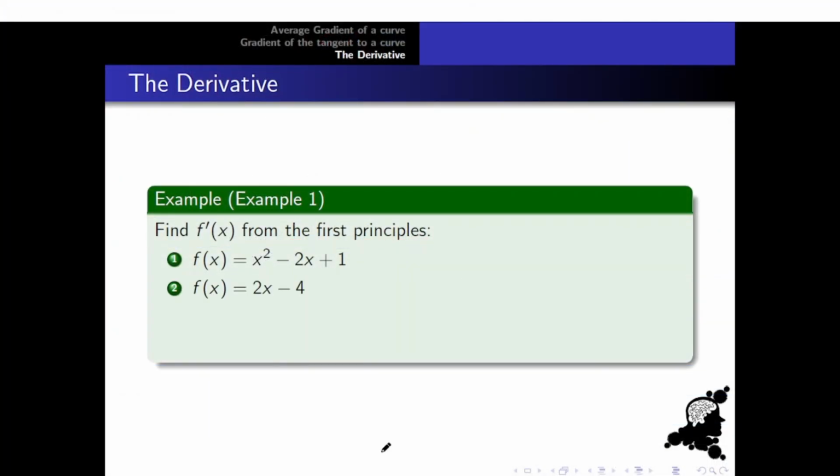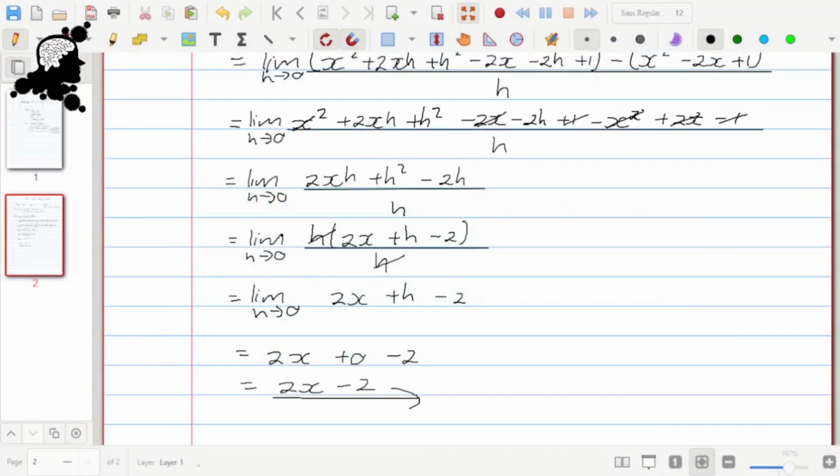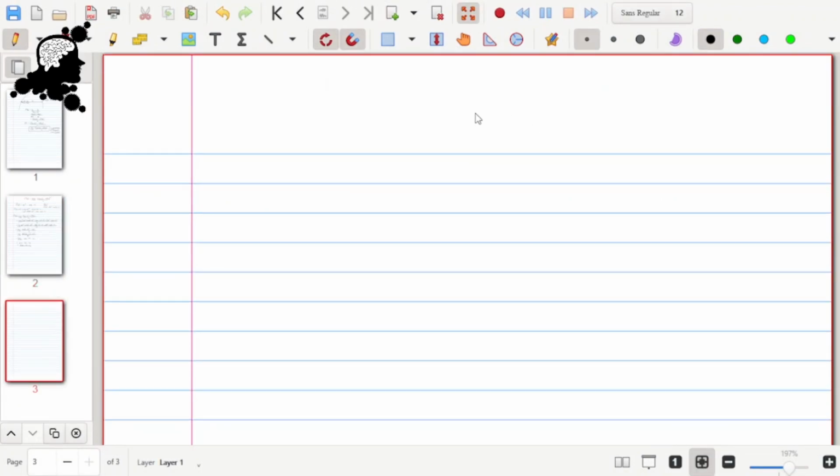So, in the next question, we've got f of x equals 2x minus 4. Let's have a look at this. I'm going to put this on a new sheet of paper. We've got f of x is equal to 2x minus 4.